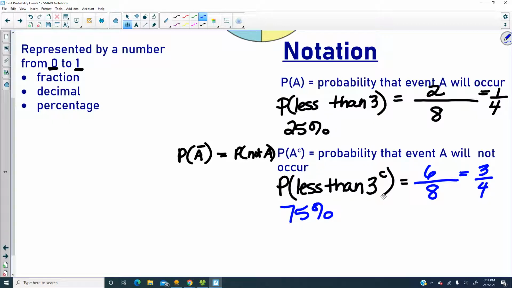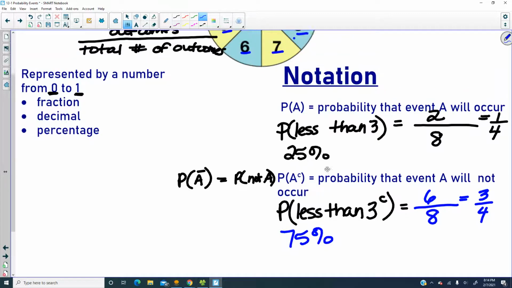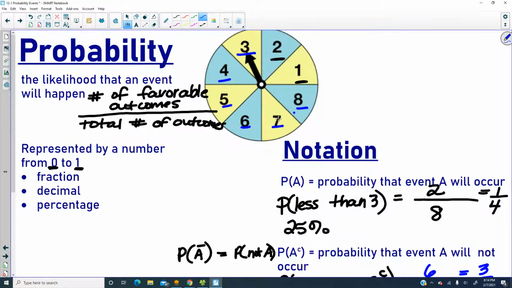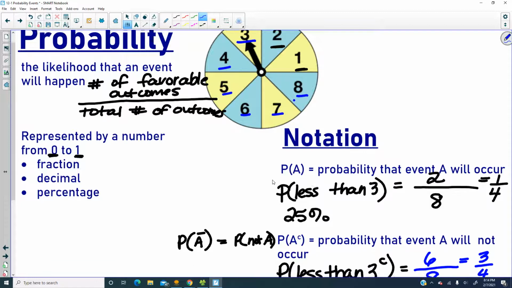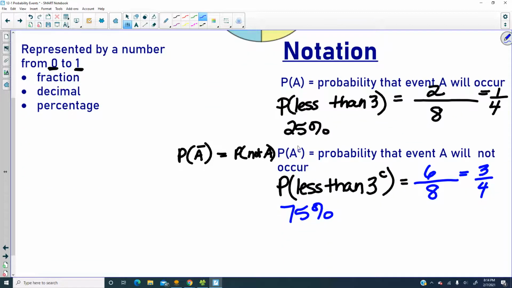The first way is to look at it like we just did and count up the number of favorable outcomes out of the total. Or if I know it's a complement, I can just subtract from 1. So if I knew the probability of less than 3, I could take 1 minus 1/4 to get 3/4.